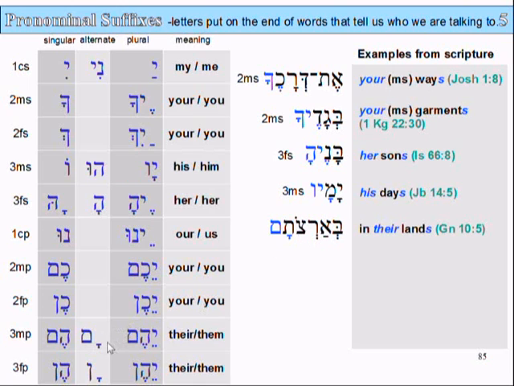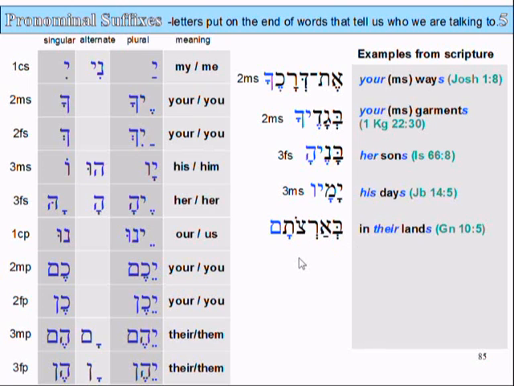It's this one here, and it's in an alternate form. In any case, the mem in the end denotes their. If it was land, it would be artsam, but artsotam means their lands, the tav meaning lands.